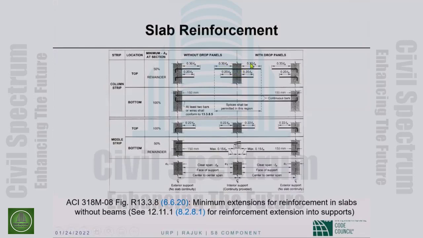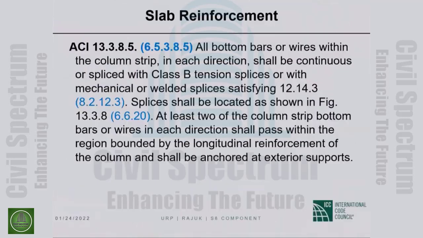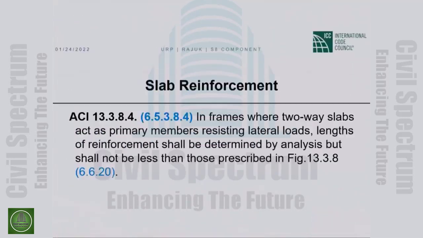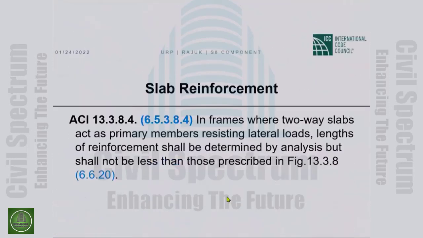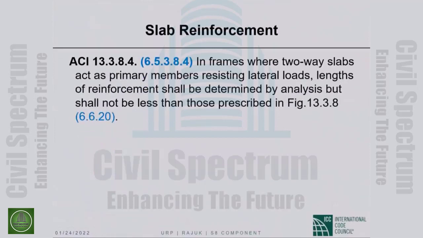This way it will be 33% of the longer span. Not if the left span is shorter than the longer span, this will not be 30% of the shorter clear span. So yeah, this you should read, and then the rest of it are details.